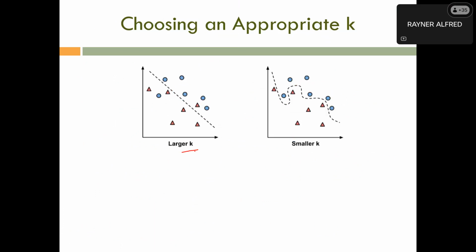Larger k means you have to go to a straight line. So when you have to go to a straight line, that means during the training you will have higher accuracy, and when you do the testing, you have lower accuracy.